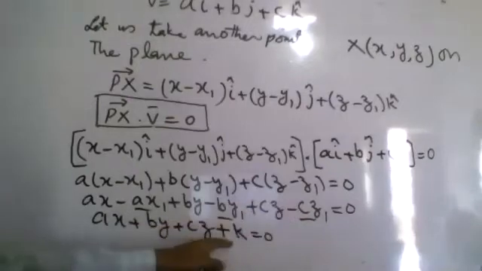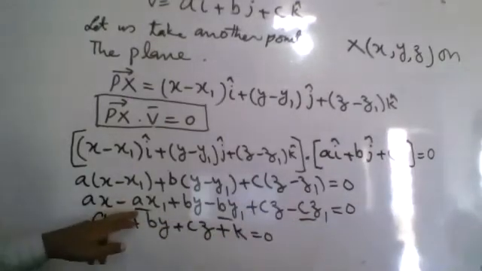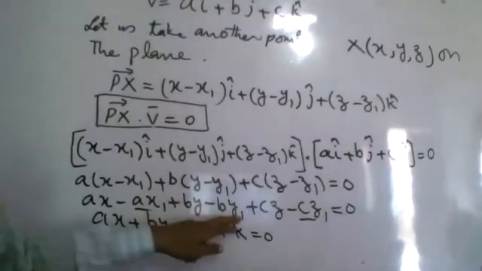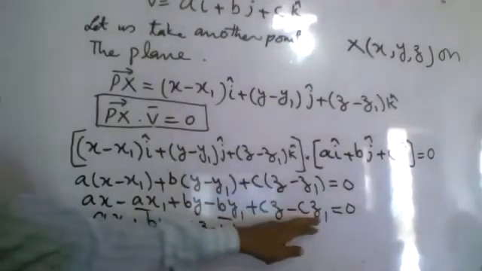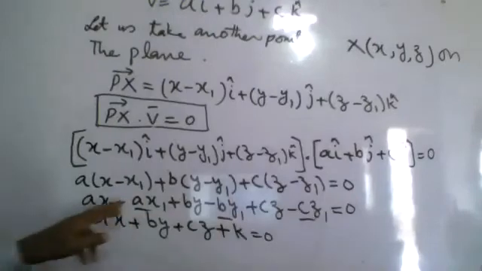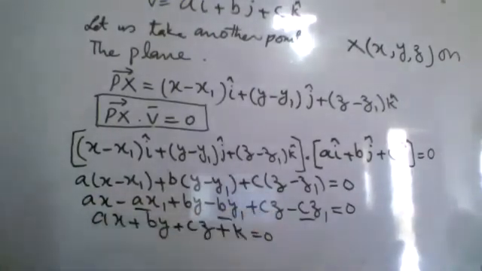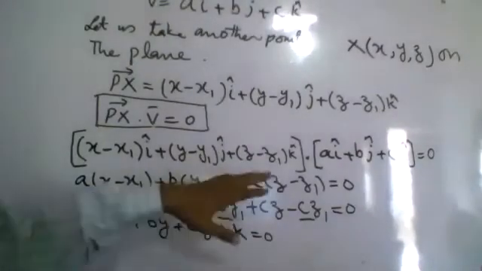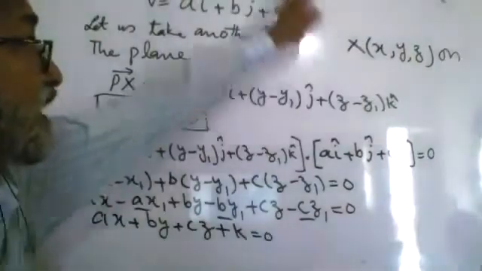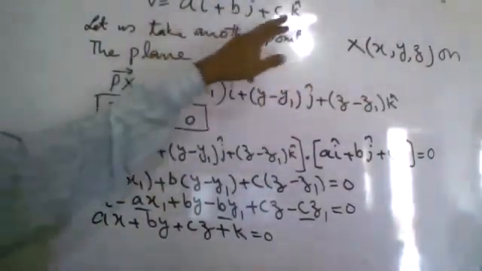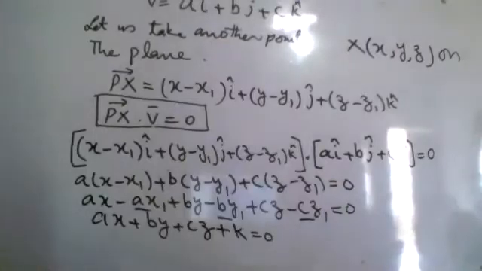I wrote k because a, x1, b, y1, c, z1 will all be numbers. But x, y, and z are not numbers. They are arbitrary, so they will remain as x, y, z. But x1, y1, z1, and a, b, c are numbers. So this will be the equation.